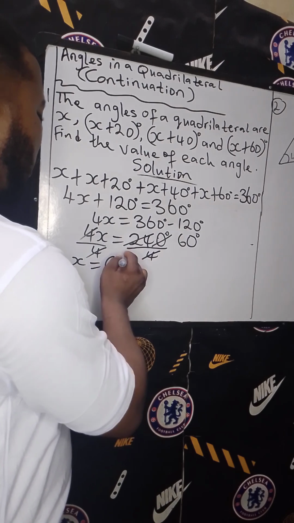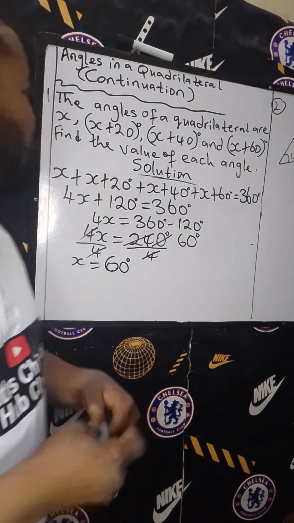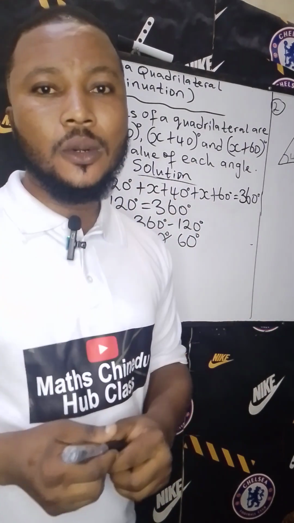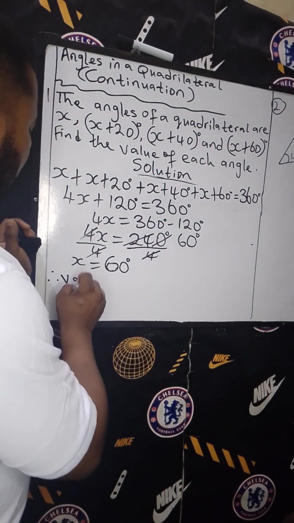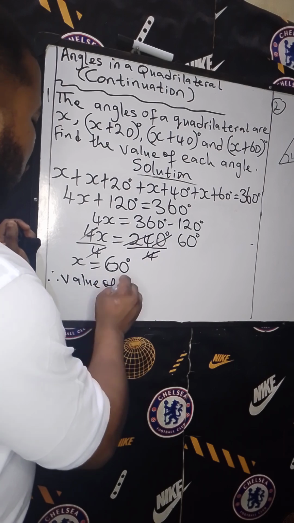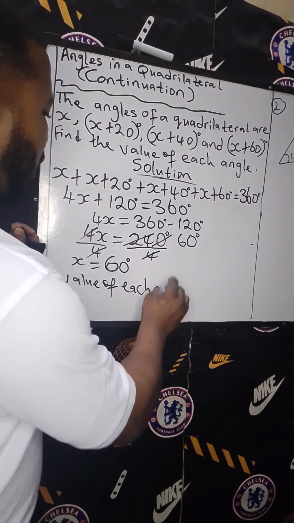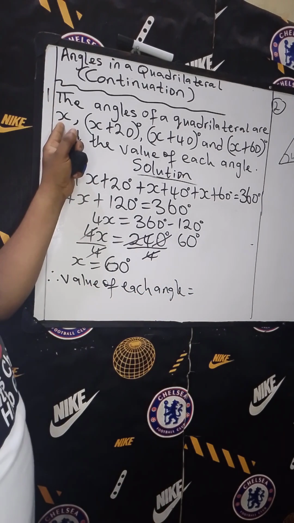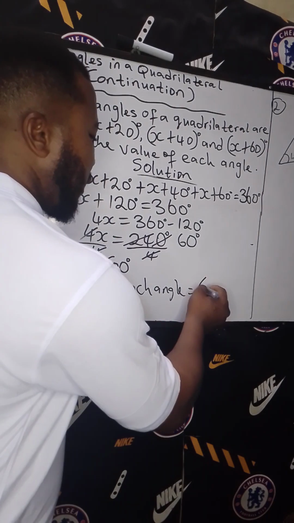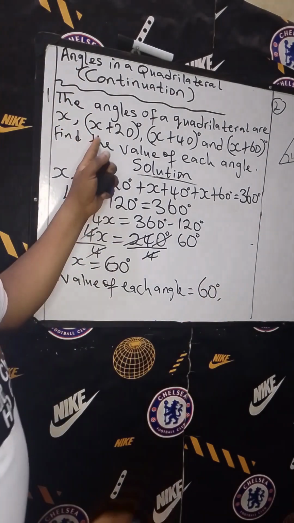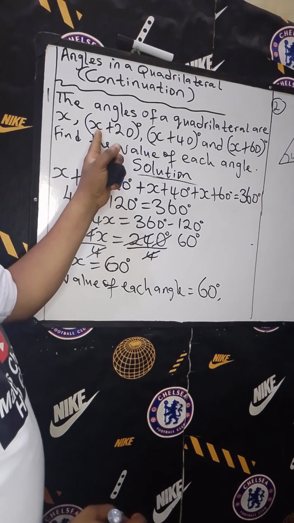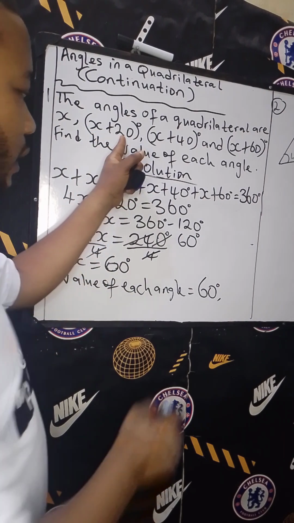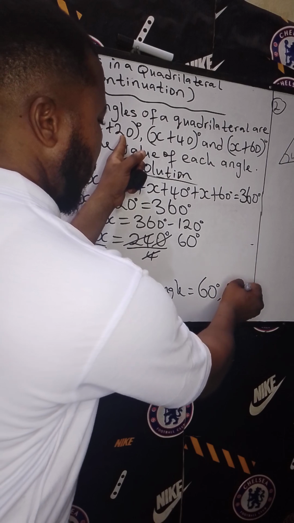This is the value of x. But remember, we are asked to find the value of each angle. So the value of each angle will now be x, which is already 60, so 60 degrees. Now let's find x plus 20 degrees. That means x, which is 60, plus 20, and it gives us 80 degrees.